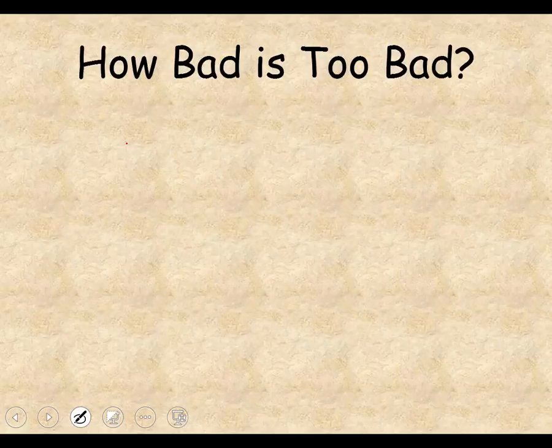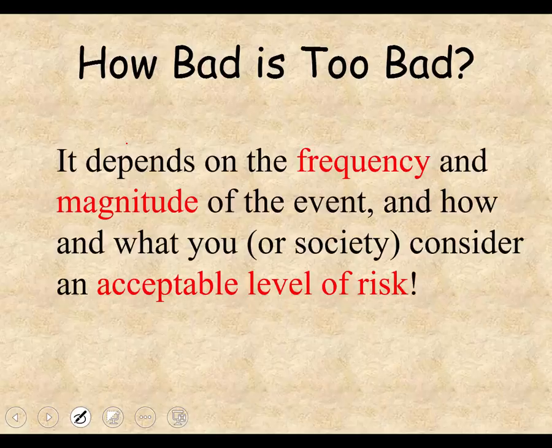So if we're talking about risk, we need to know, well, how bad is it? And of course, risk depends on frequency and magnitude. Now, once you've established what the risk is, you have to say, is it an acceptable level of risk? The role of the scientist is to give the public and the planners an idea of the risk. The public and the planners and the politicians have to decide, and the individuals, depending on what decisions are being made, what is an acceptable level of risk.